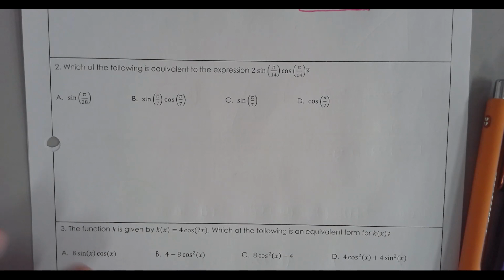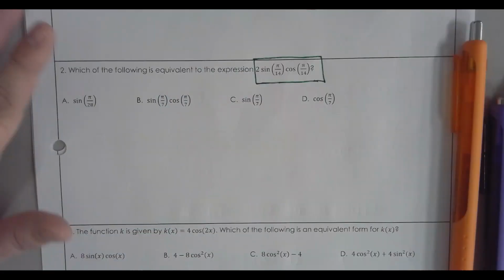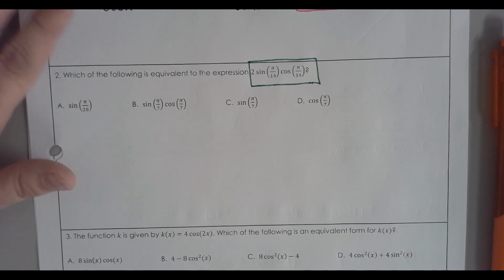Look back at your identities, your reference. Tell me where you see something that has a 2 and then a sine. Does it look like a 2, a sine something, cosine something?